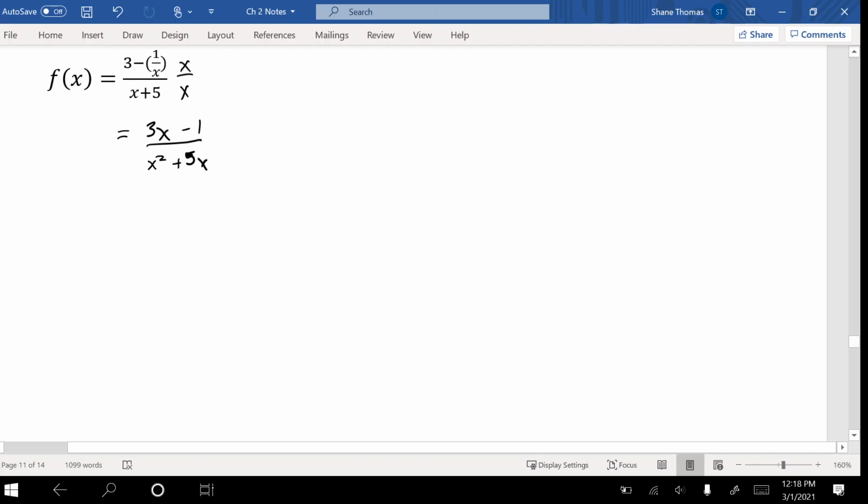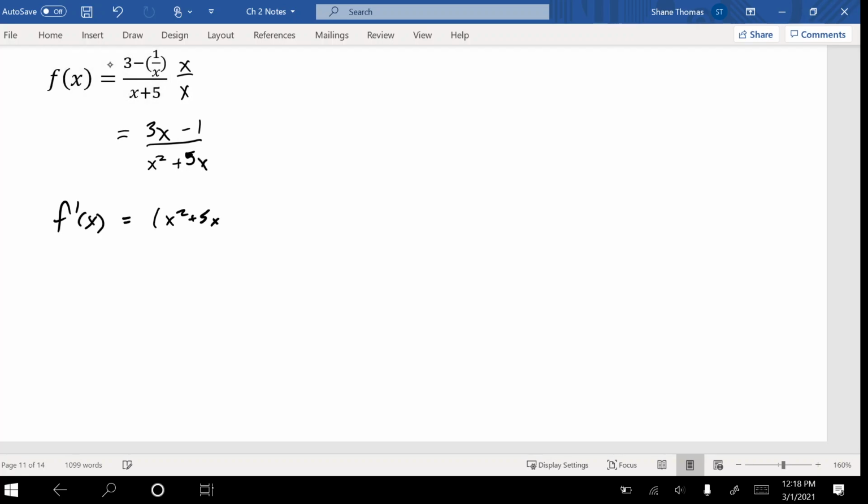All right, so f prime of x. So low, x squared plus 5x, d high, what's the derivative of 3x minus 1? 3.